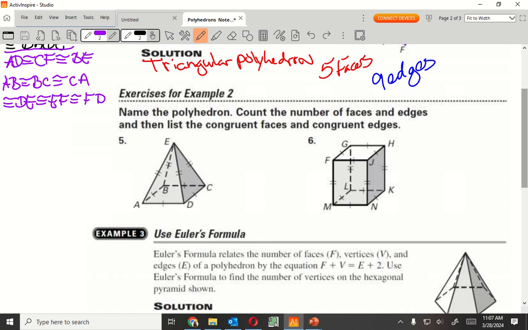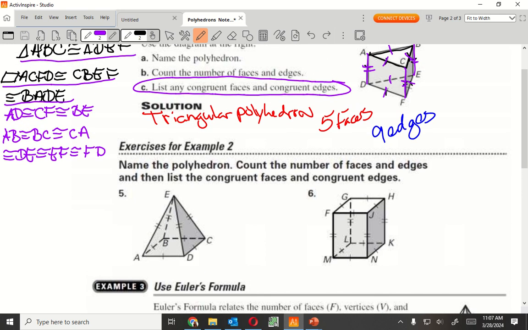Name the polyhedron, count the number of faces and edges, and then list the congruent faces and edges. Let's see if you can do that same thing. So what we just did up there, you're doing right here for 5 and 6. Start off with, name it.